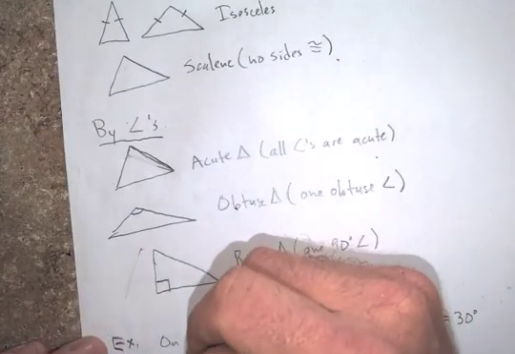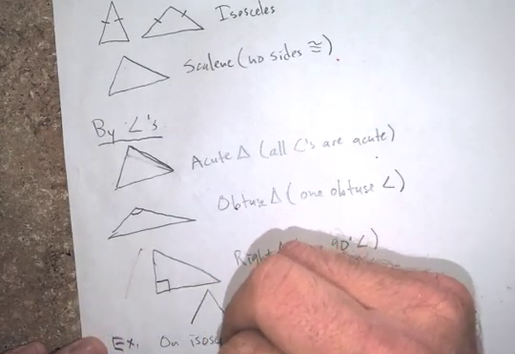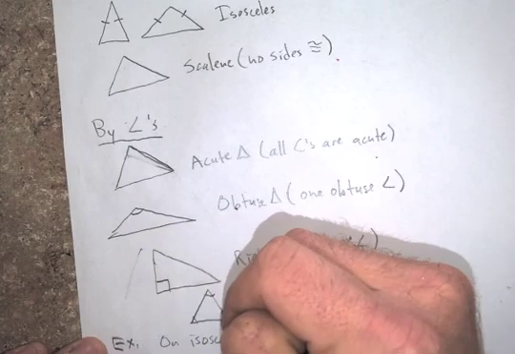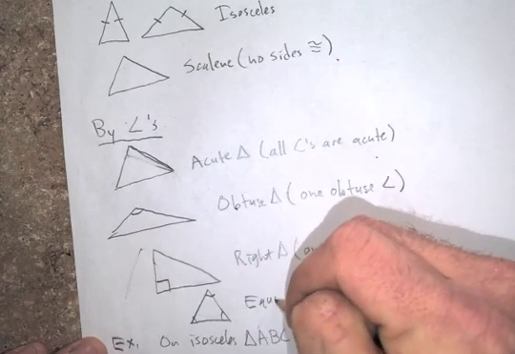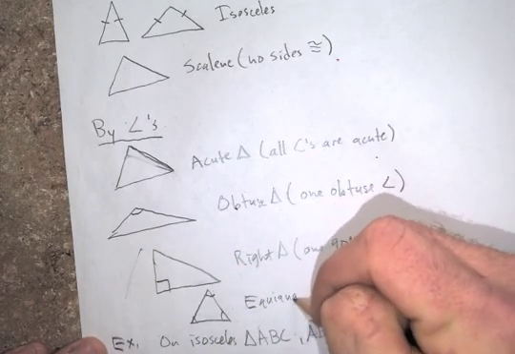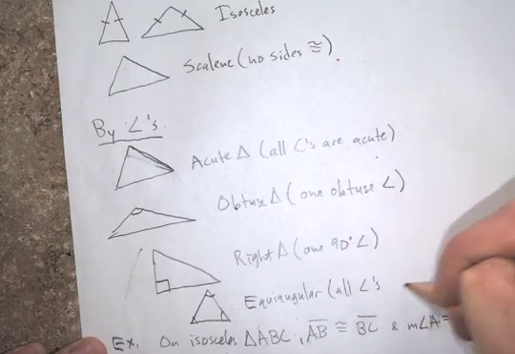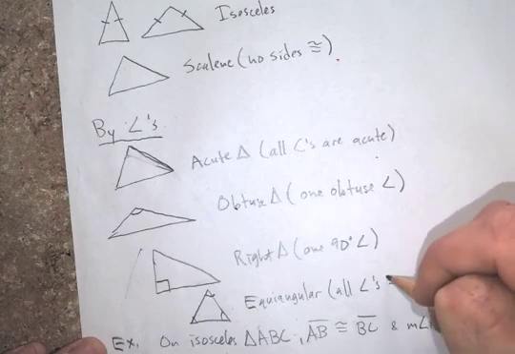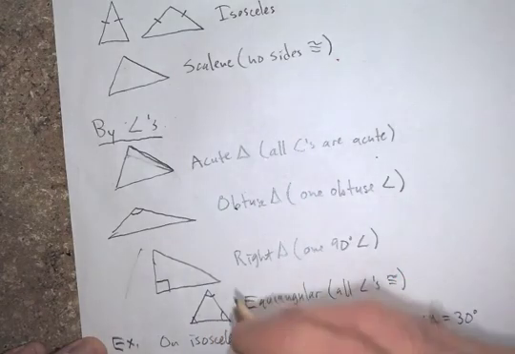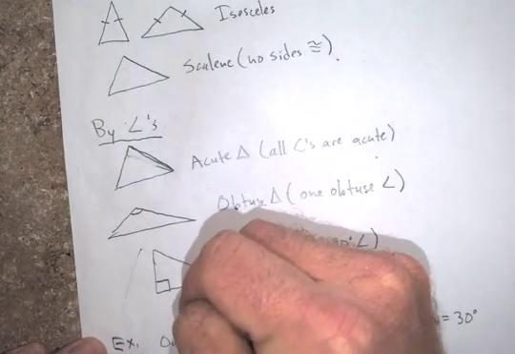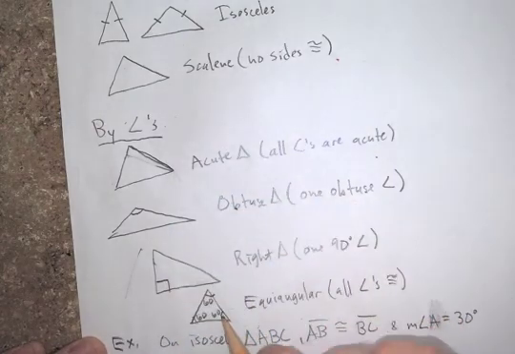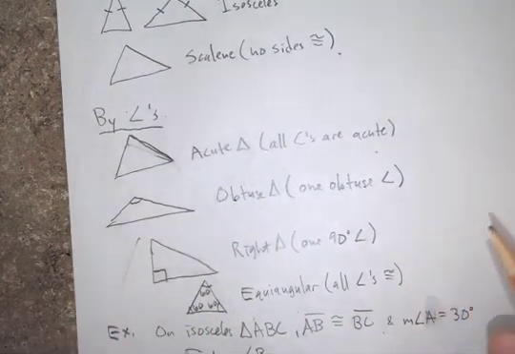The last one I'll squeeze in here is equiangular. All angles are congruent, and if you figure it out, they all measure 60 degrees, because 60 plus 60 plus 60 gives you 180.